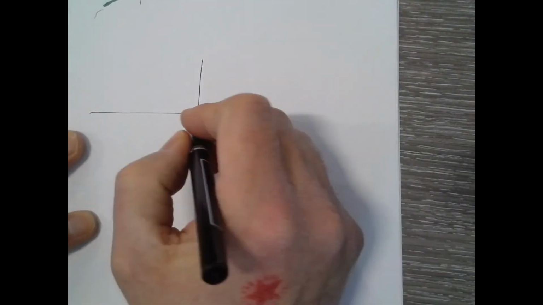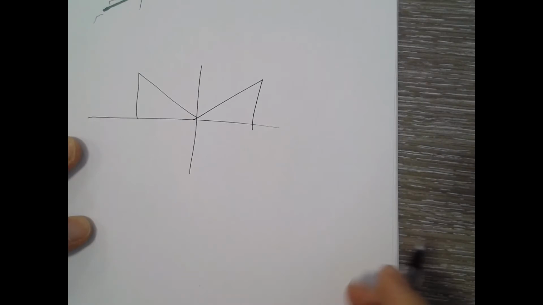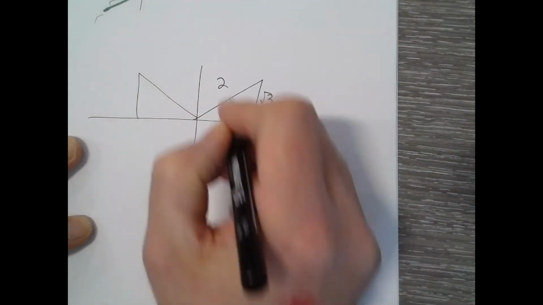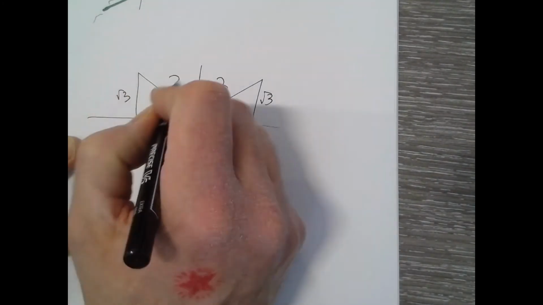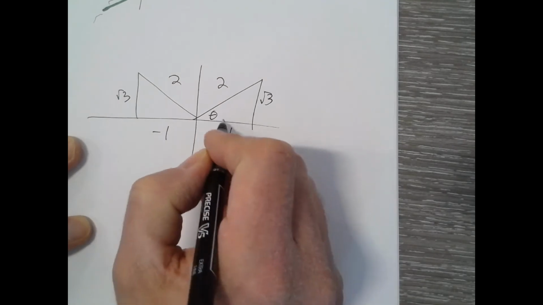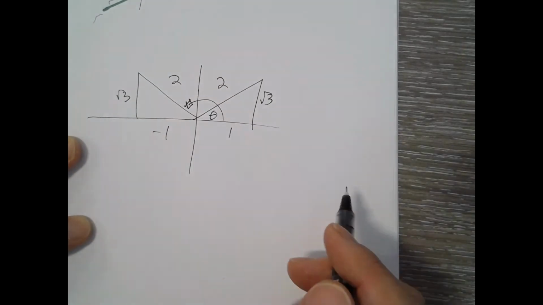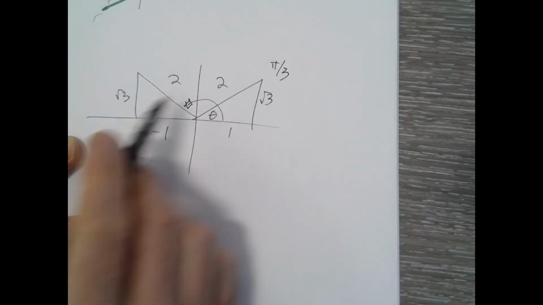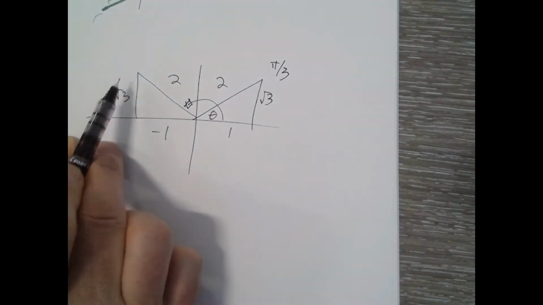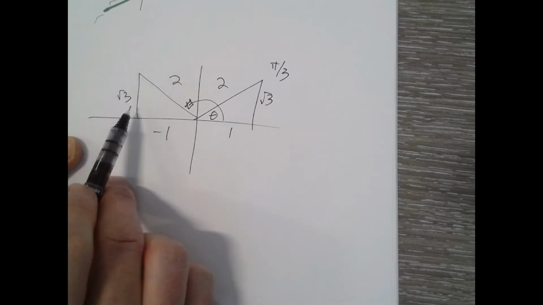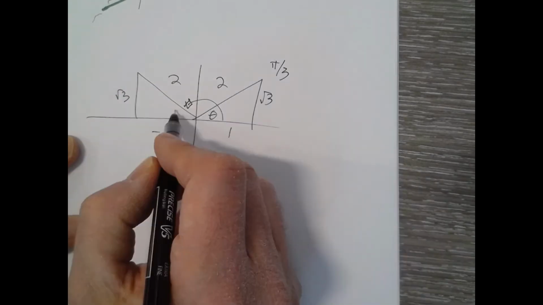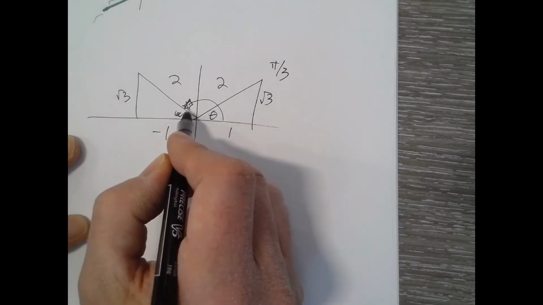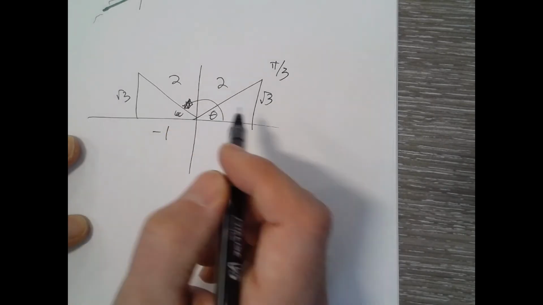Now we know by now that there are two angles that have a sine of square root of 3 over 2. This angle and this angle right here. Okay, this one is pi over 3. The other one, how big is this angle right here? If this is 60 degrees, how big is this whole angle? 120, which is 2 pi over 3.